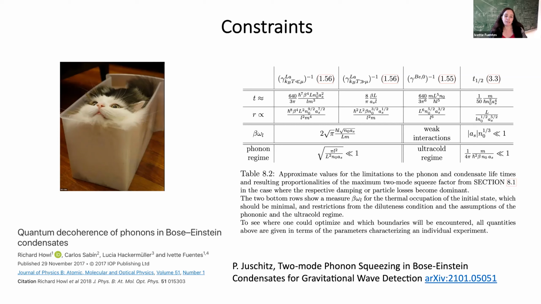Then the other thing you could do is get bigger BECs with the right density. So you say, I'm not going to increase the density anymore, but I am going to increase the size of the BEC. The big ones are around 100 micrometers, and I don't know if we could do a much bigger BEC, 10 times bigger. I don't see a fundamental reason why not, but I don't know of one.